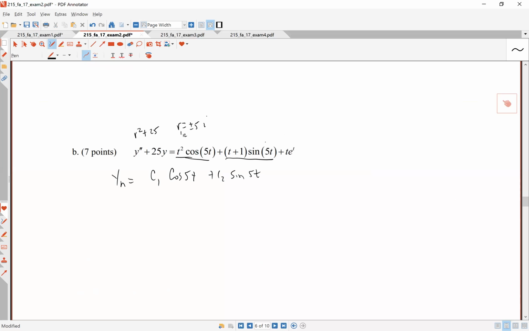All right, so this is where a lot of people messed up on the test. Normally, our particular solution, if you have cosine 5t or a sine 5t, you pick the highest of those orders.